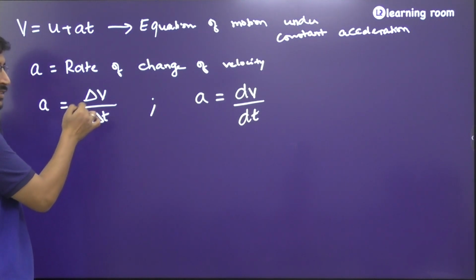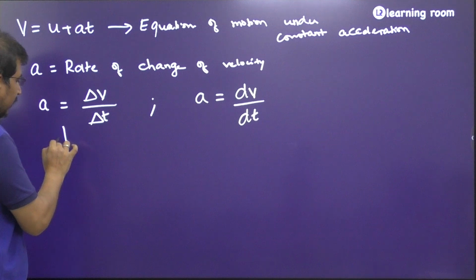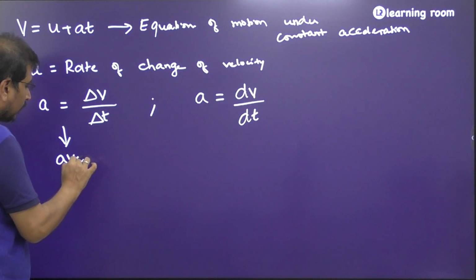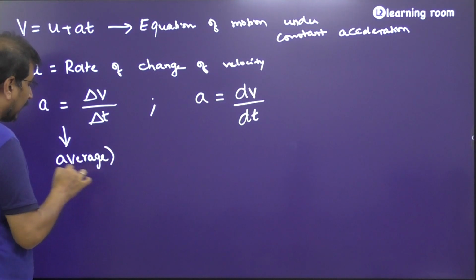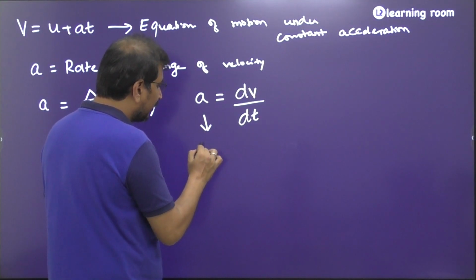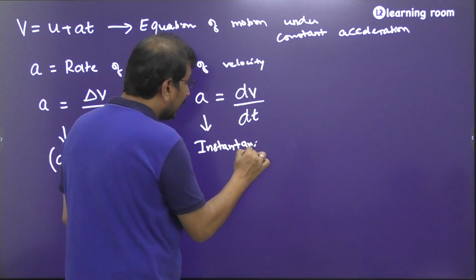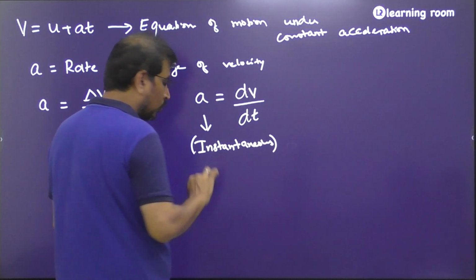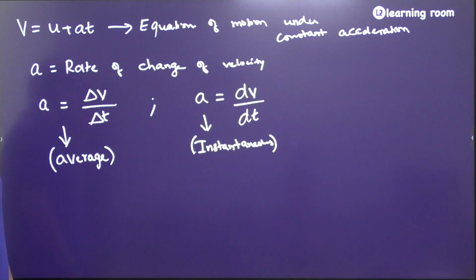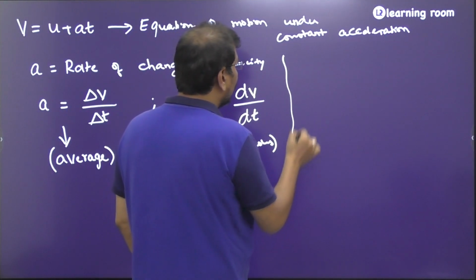If you see a is equal to delta v by delta t, this is written for average value, whereas differentiation is written for instantaneous value.